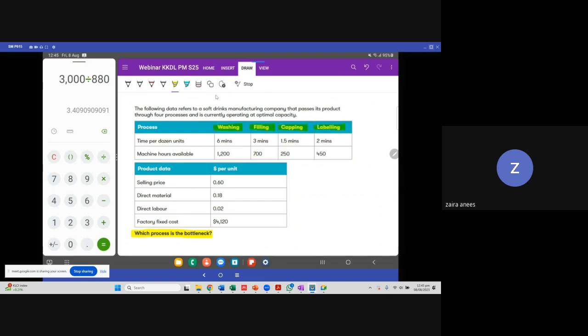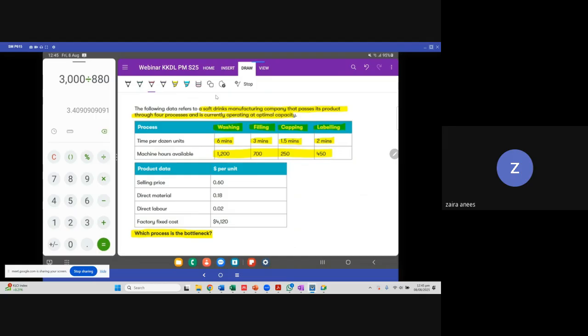The following data refers to a soft drink manufacturing company that passes its product through 4 processes and is currently operating at optimal capacity. If you produce 1 dozen units, in washing it requires 6 minutes. In filling, it requires 3 minutes. In capping, it requires 1.5 minutes. And in 2 minutes, labeling is done. Maximum machine hours available are given here.